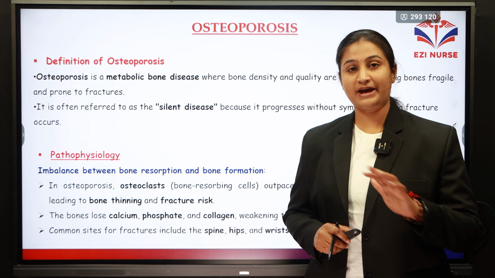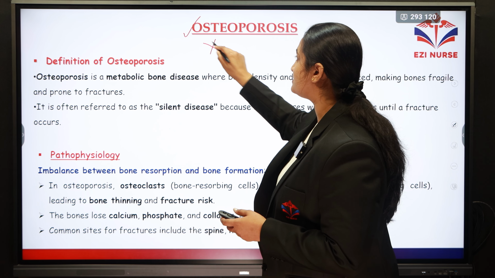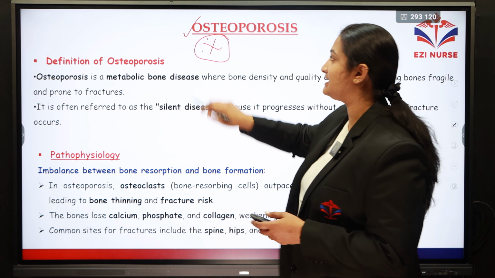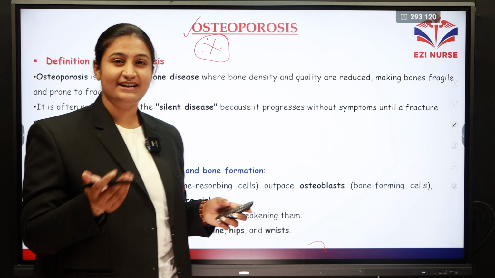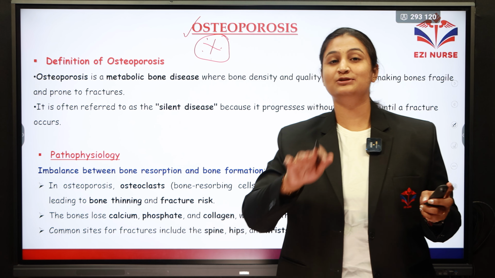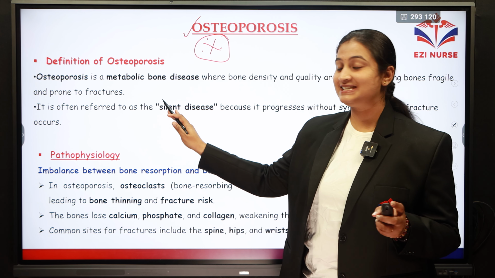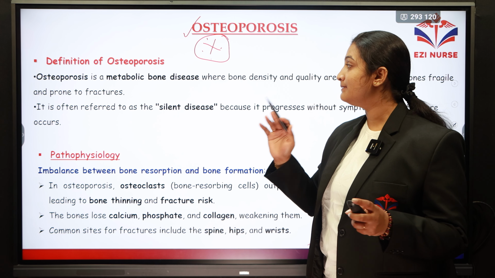Next, moving to a very definite question that is coming for your exam, that is osteoporosis. When osteoporosis comes, you think suddenly that it is something related to your bone. That is your conclusion, but don't jump to conclusions. The definition of osteoporosis is a metabolic bone disease.